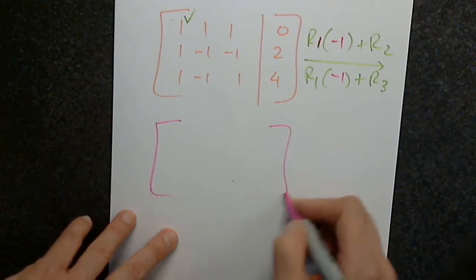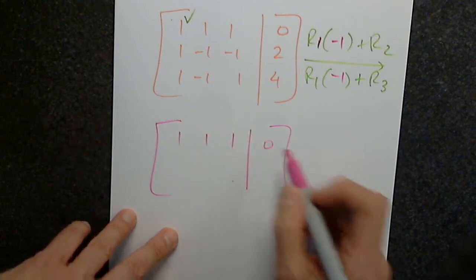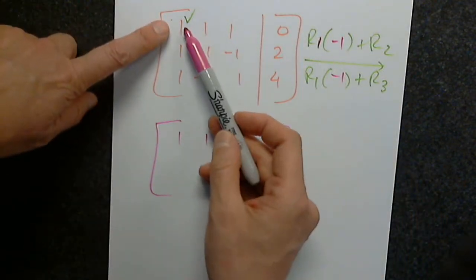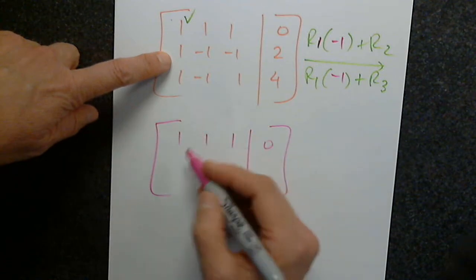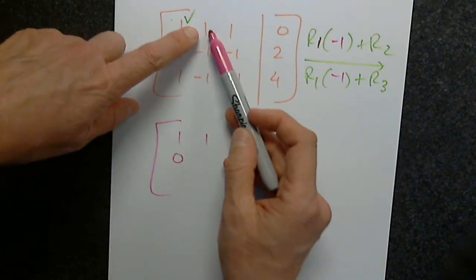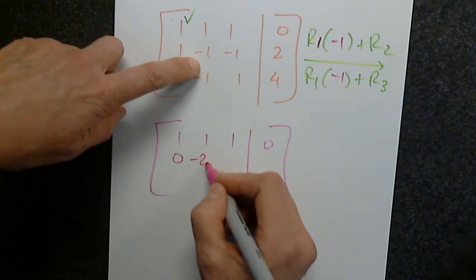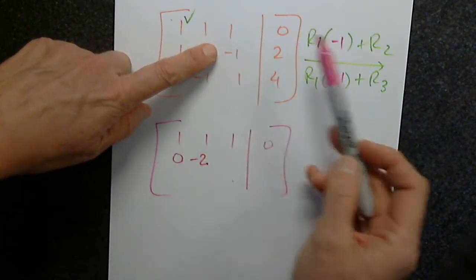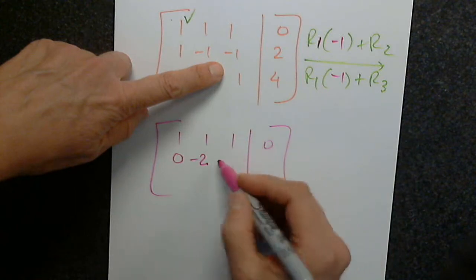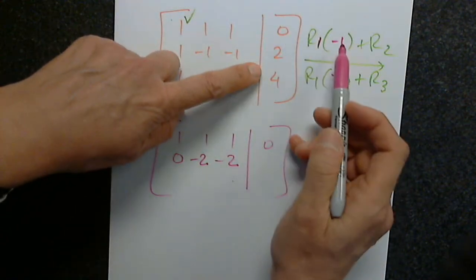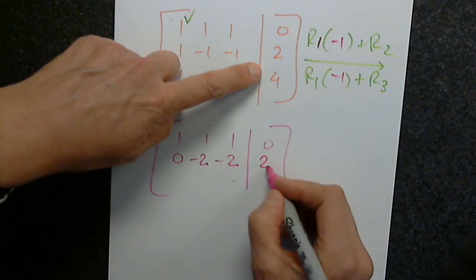We copy the first row. It's 1, 1, 1, 0. -1 times 1 is -1 plus 1 is 0. 1 times -1 is -1 minus 1 is -2. 1 times -1 is -1 minus 1 is -2. 0 times -1 is 0 plus 2 is 2.